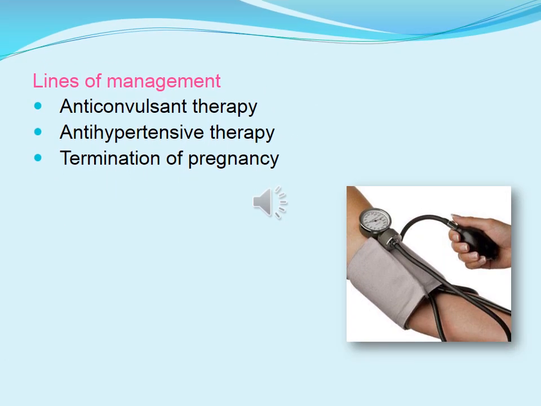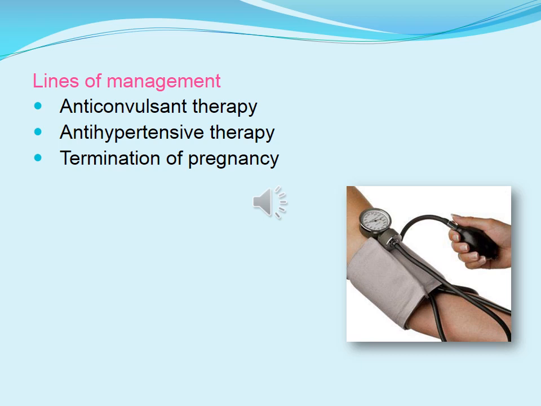What are our main strategies, or main plans, in the management of patients with severe PE? Number one, we should start with anticonvulsant therapy. We should stop any fit, because with each fit, millions of brain cells will die and they will never get healthy again or regenerate.